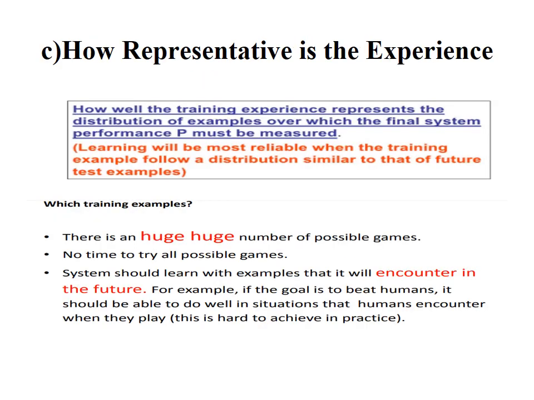The third attribute is how well it represents the distribution of examples over which the final system performance P must be measured. That is, how representative is the experience. If you take the example of driving a car, suppose the trainer provides training only to drive on the school ground.